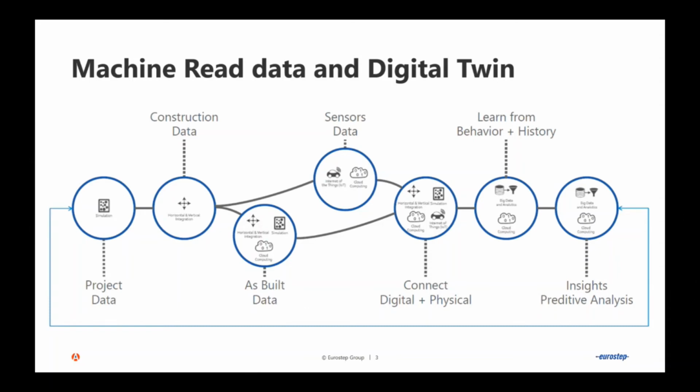And then we combine that with sensor data. Sensor data connected to the physical item. If it's a house, then they are all over the house, and then we have the digital twin of the house in the computers, and we have the possibility to measure data, get digital data out of the sensors representing different things in the house. And these are combined, then we connect the digital and the physical, and we have a very good representation of a digital twin to draw conclusions from.